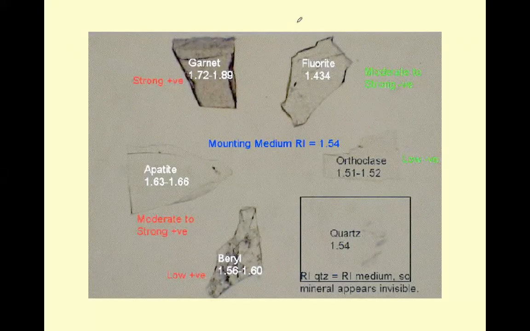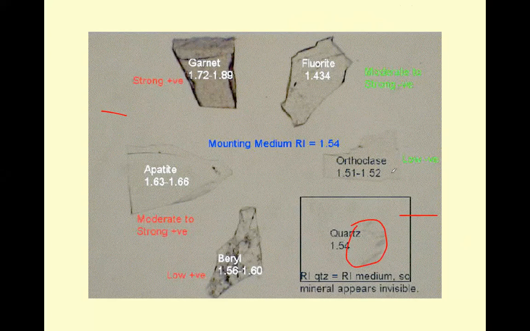This is again some example. You can see relief differences. For example, garnet, you can see it's high lying compared to the glass. This is the glass, on the epoxy. And quartz here, see, it's almost nothing, I mean, no relief.